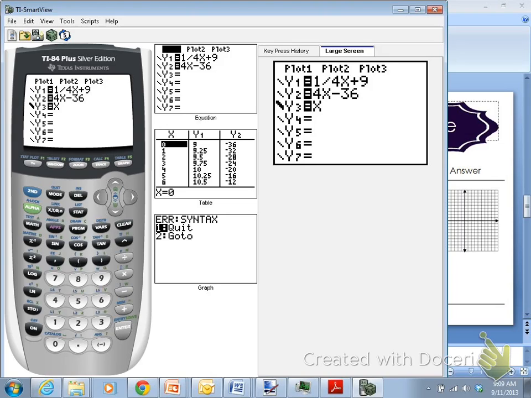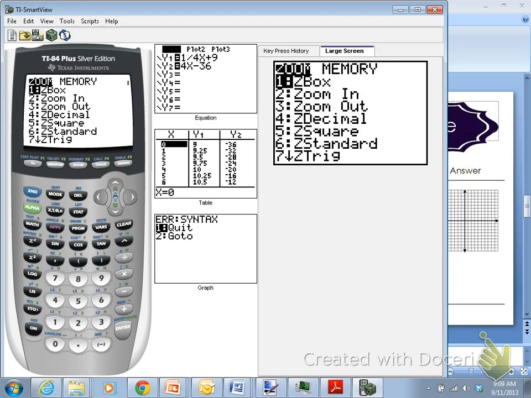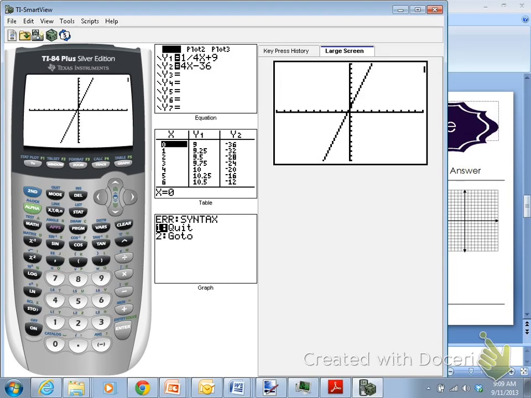So I have 3x plus 1 was my equation, and then I found my inverse to be 1/3 x minus 1/3. And then I'm also graphing y equals x. I'm going to change my window back to a standard window and graph that.